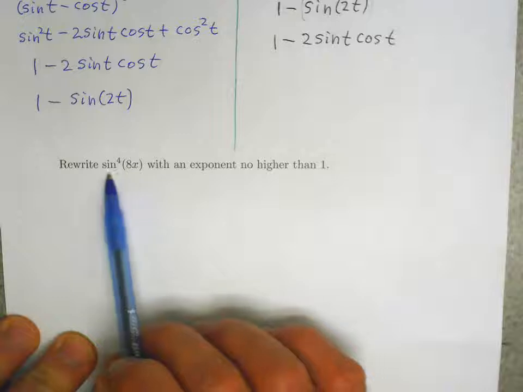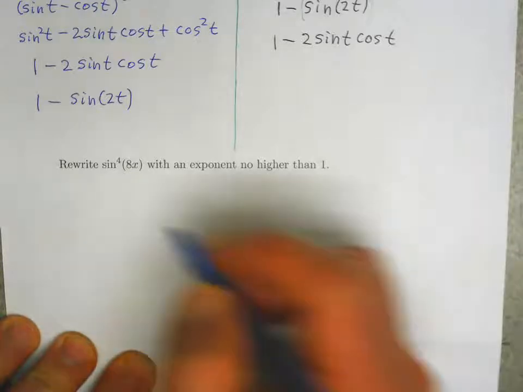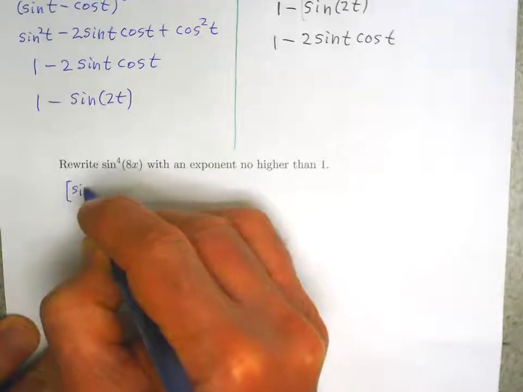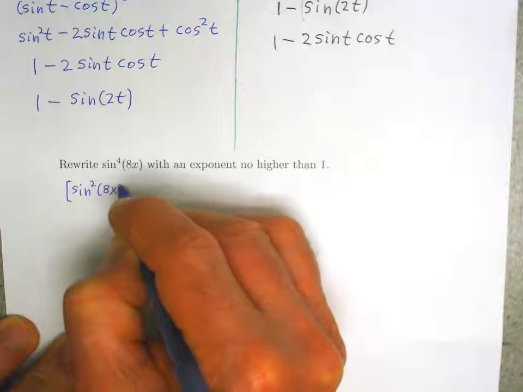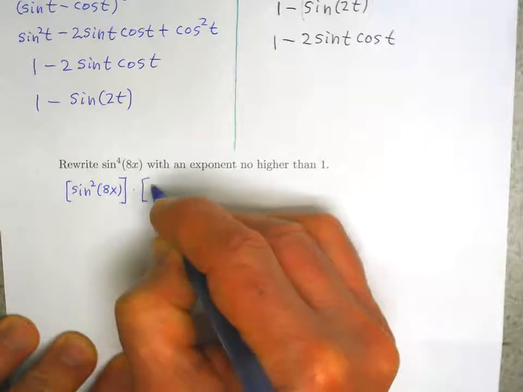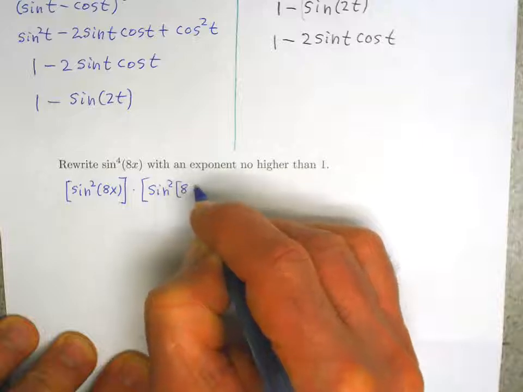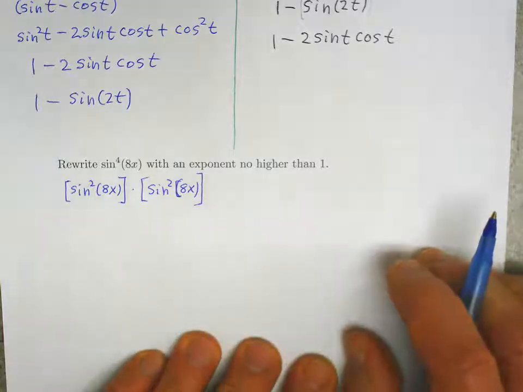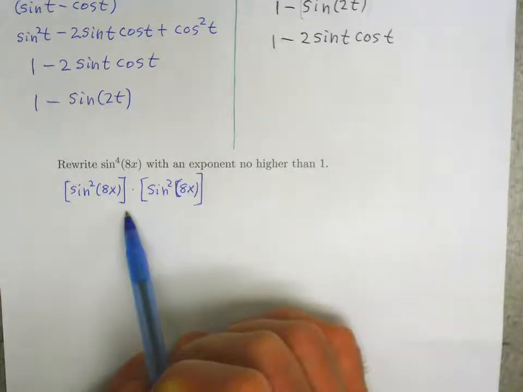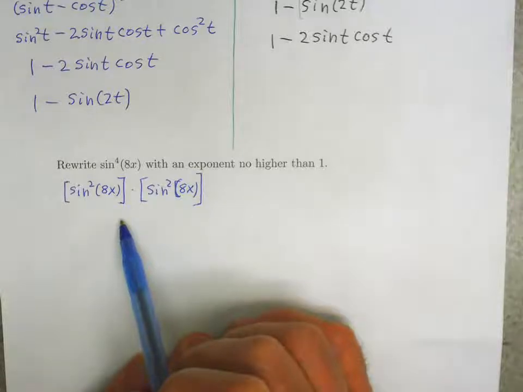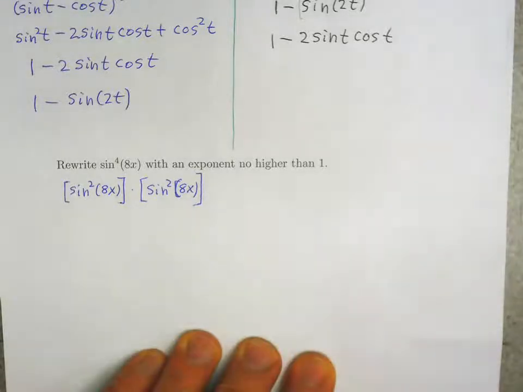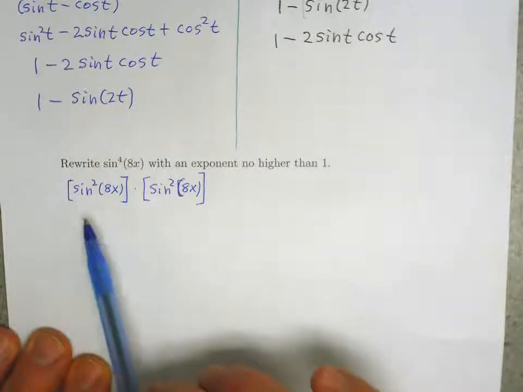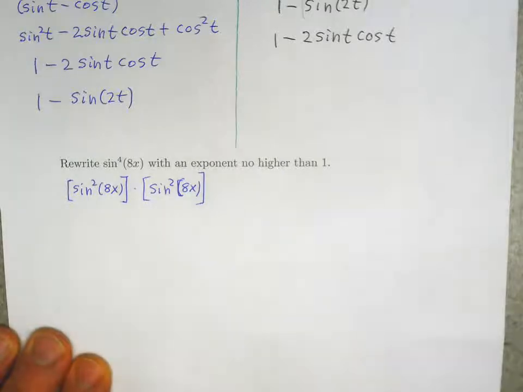So we can rewrite sine of 8x to the 4th as sine of 8x squared times sine of 8x squared. Right, this works the way it does in regular algebra. Then we can write the reduction formula for sine of 8x squared twice and then multiply them together and see what to do after that.